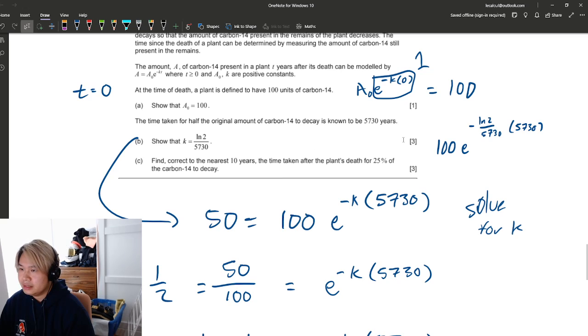So if I assume that this is k, if I were to plug in this many years for t, this should be 50. And it is, because of course these would cancel. And then you take the -1, you bring it in to here.